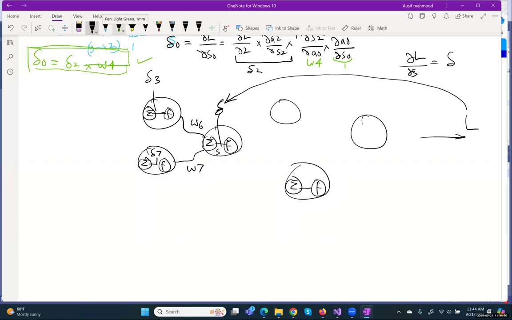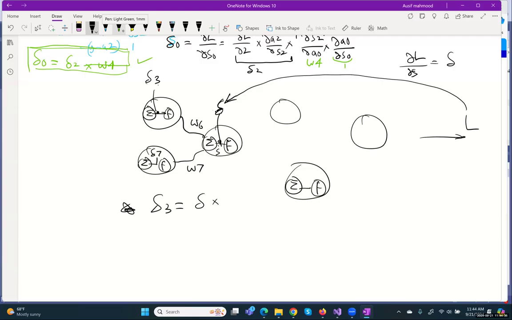So if you've calculated some delta up to this point, then how is delta 3, which is over here, related to this delta?